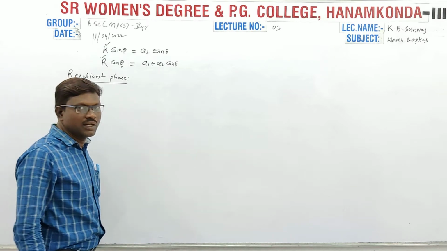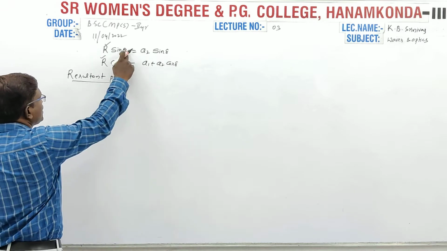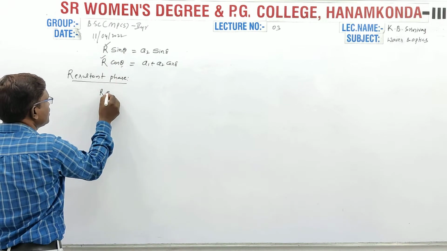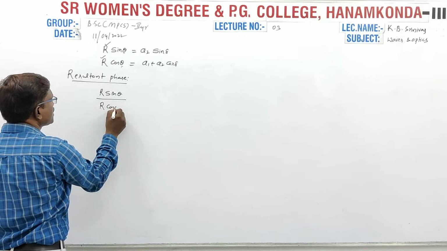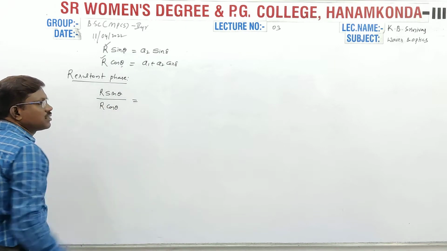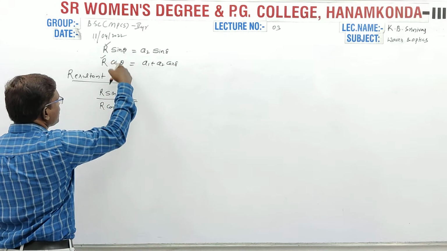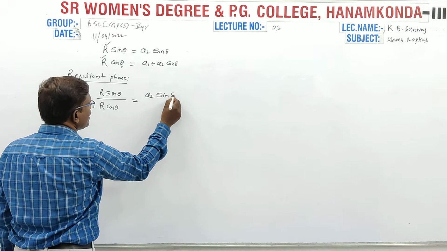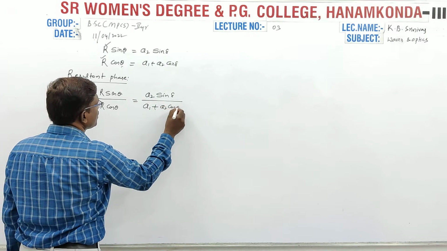This can be calculated from these two equations. Just divide the first equation by the second equation. On the LHS, R sin theta by R cos theta. Coming to the right hand side, A2 sin delta whole divided by A1 plus A2 cos delta.